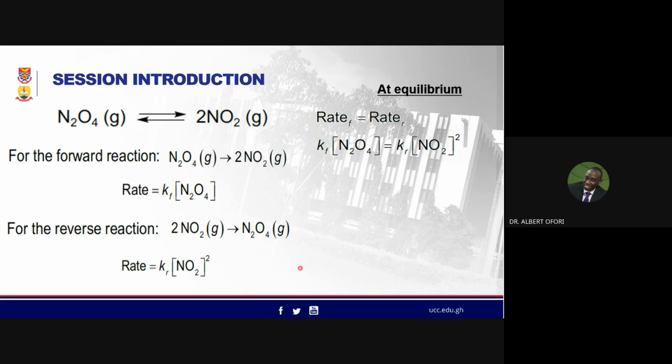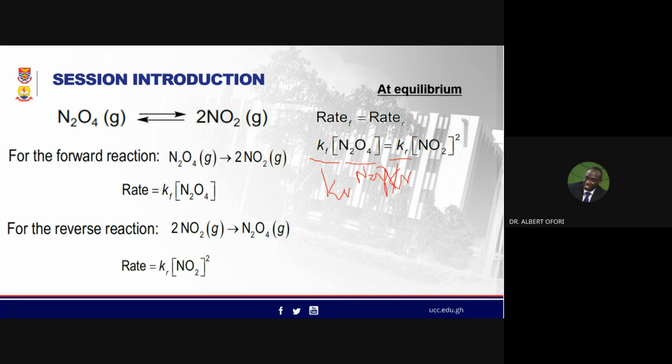Okay, now we'll try to do some derivation here. Let me write at this point. Basically, if I divide this by K reverse, and divide here by K reverse, this K reverse will cancel.